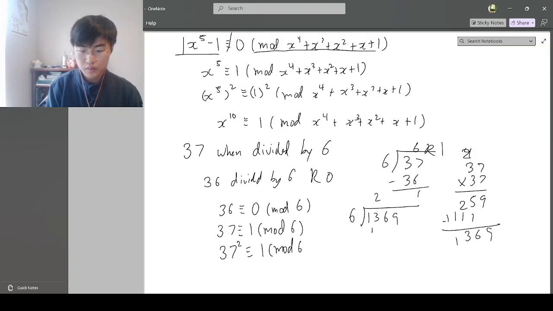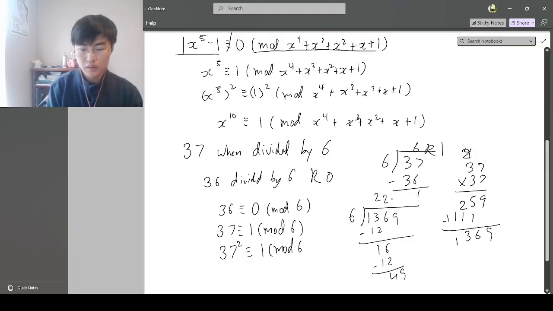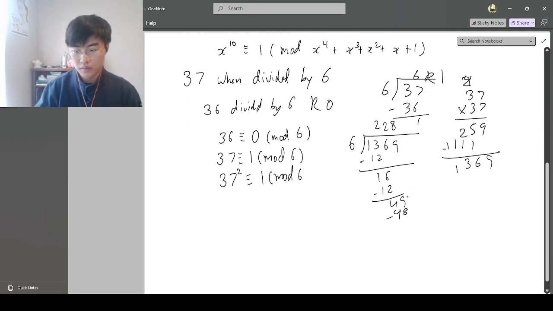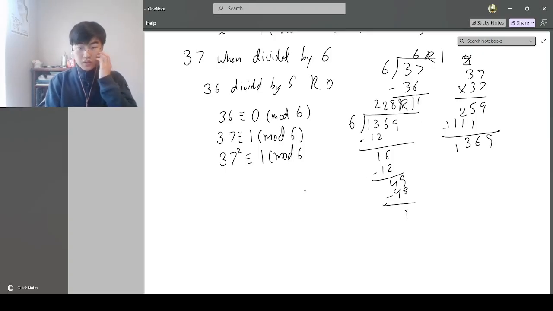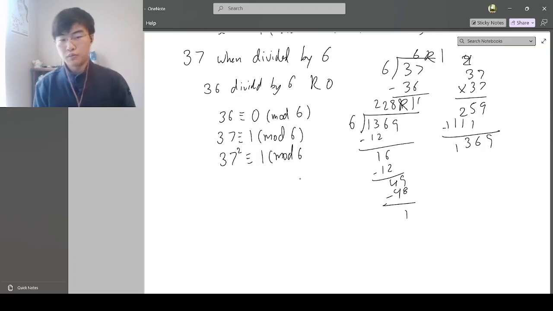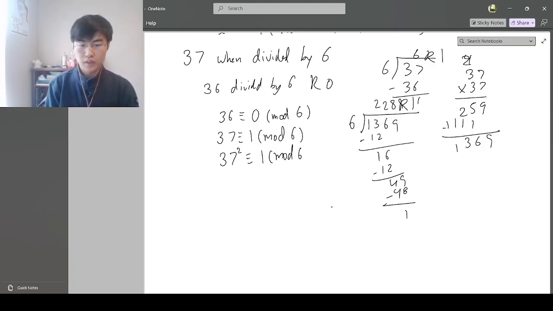So this would be 2, 12, 16. We can put another 2. We get 49. Then we can put 8, which gives us 48, and then a remainder of 1. Okay, so we convinced ourselves with a smaller case, but obviously this is not super arbitrary.